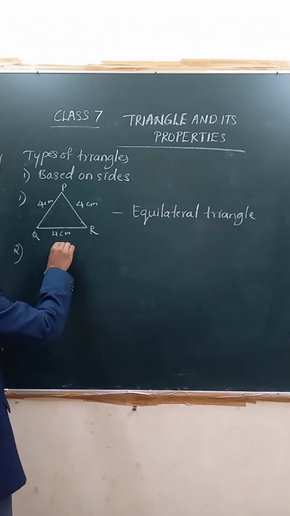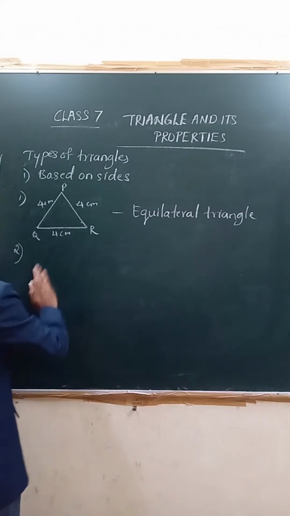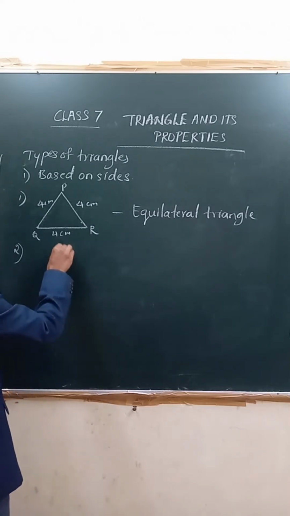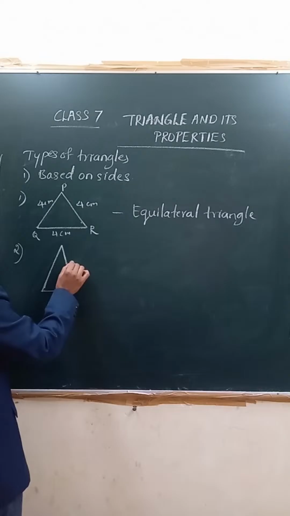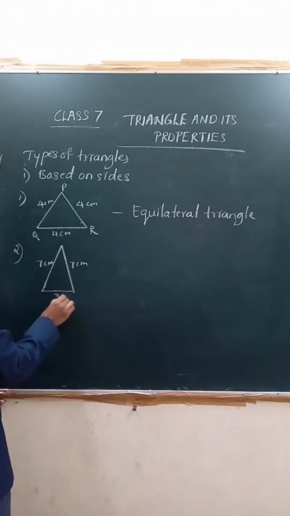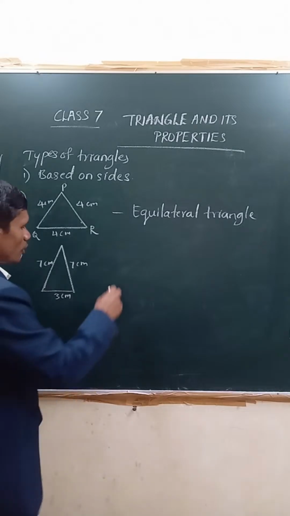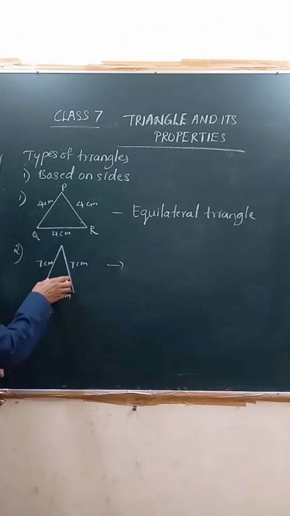Here in this triangle, let us consider. Now we can see here, if you take this as 7 centimeter, this also 7 centimeter, this is 3 centimeter. Now what property can you observe? In this we can observe two sides are equal or not.